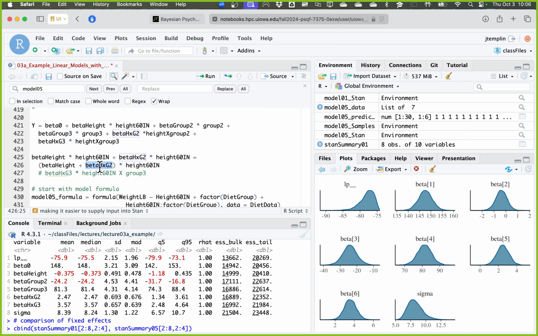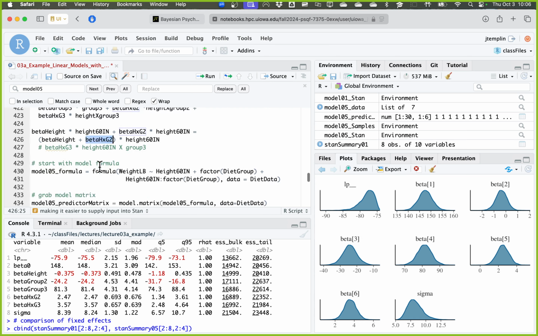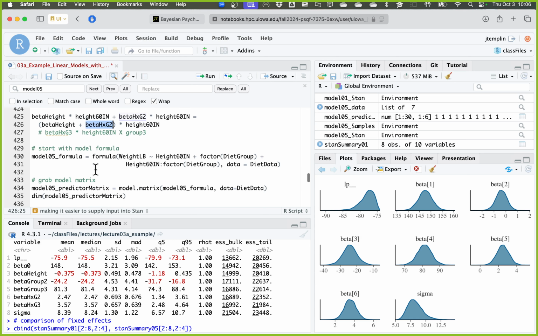Now there are other things we may want to calculate in a model like this as well. For instance, we may want to calculate R squared, right? Turns out there's a formula for R squared. I don't remember off the top of my head, but I'll find it and tell you about it later.